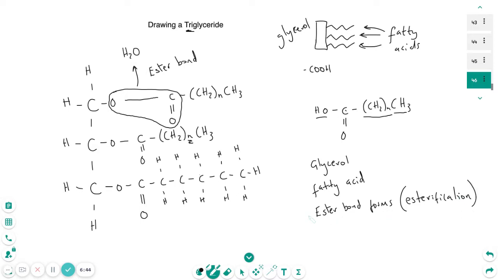We need to know about the carboxyl group, which was the COOH, that was the part here on the fatty acid, and how that's the bit that's interacting with the hydroxyl group of the glycerol.